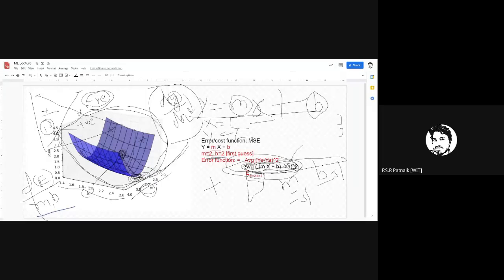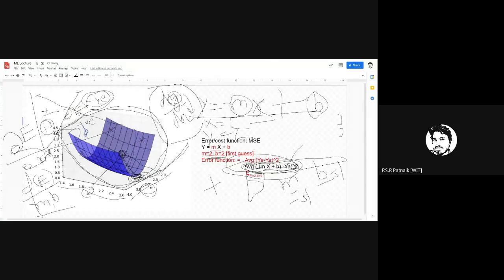Do you know what partial derivatives are? We call it dou, or daba, and I prefer to call it dou. We take dou e with respect to m, sorry for this drawing, and we also take the differentiation of this error function with respect to b.